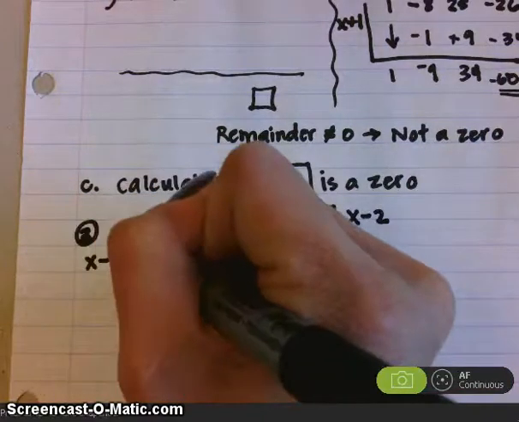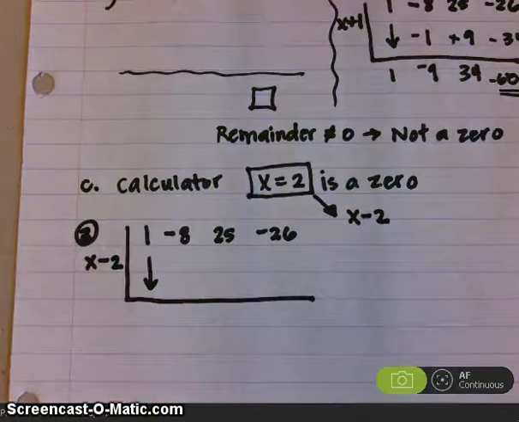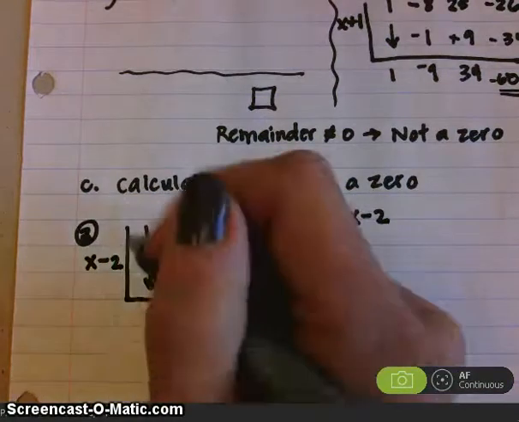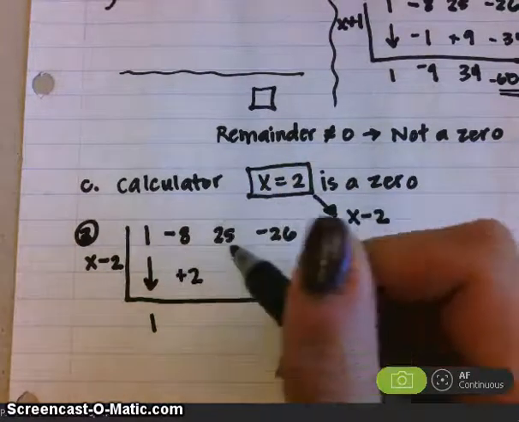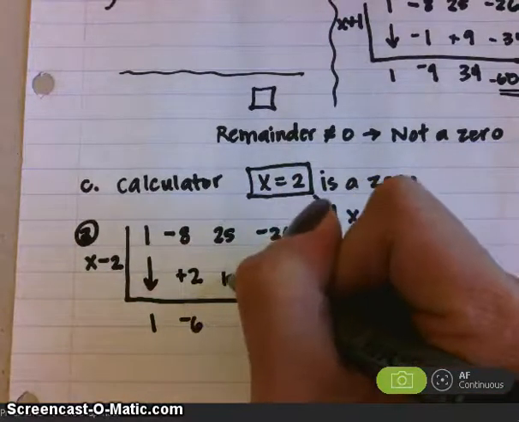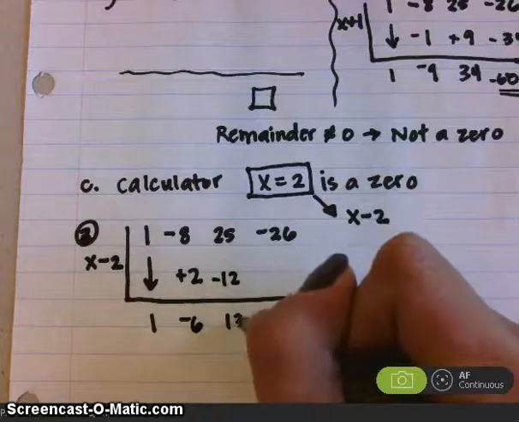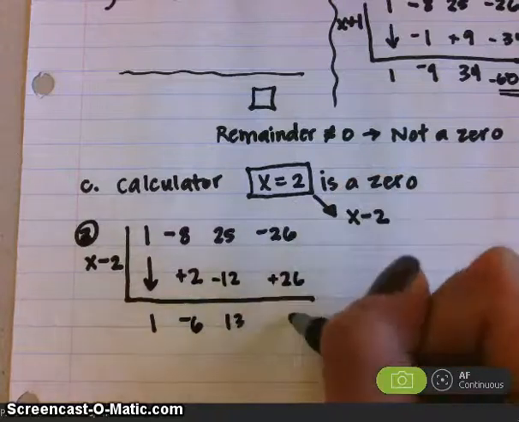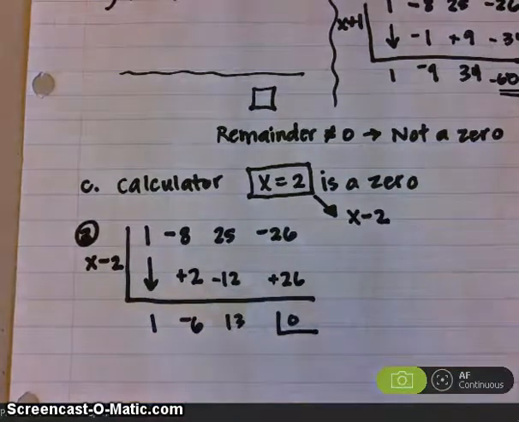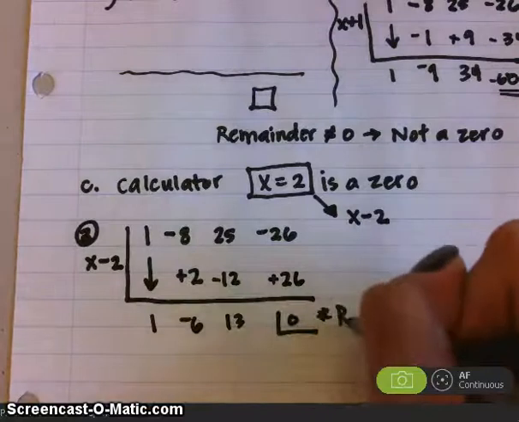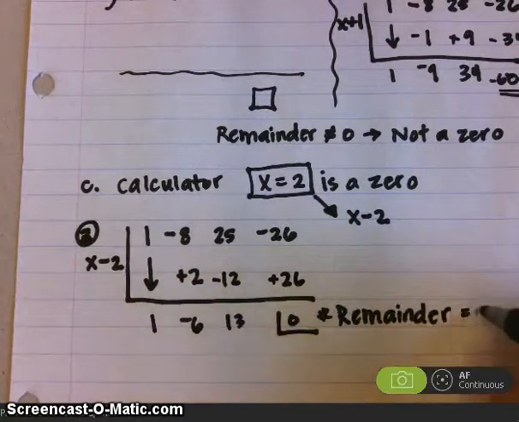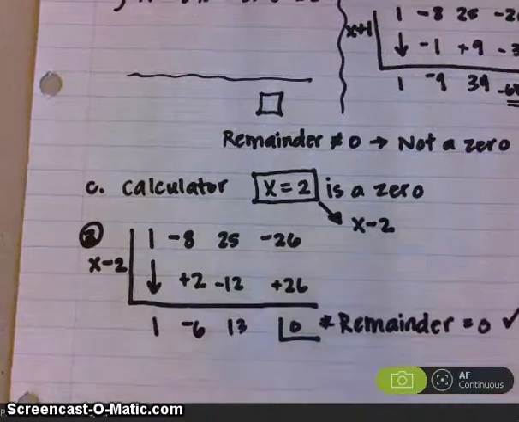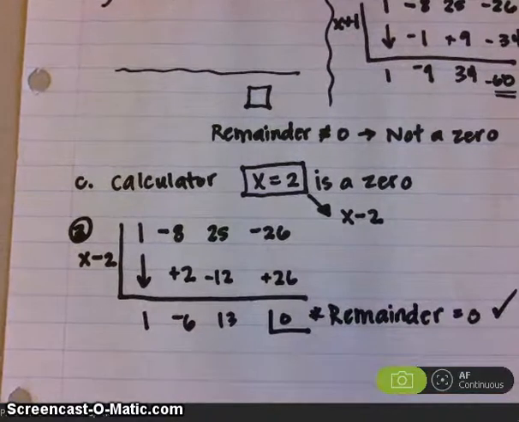And again, this is just the way that I set it up. It is possible to do it differently and still get it correct. So let me do my synthetic division. And what I'm looking for is to make sure that my remainder is 0. That's just a way to double check that what I saw on the calculator actually is correct.